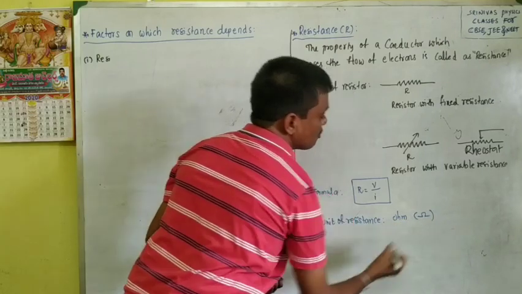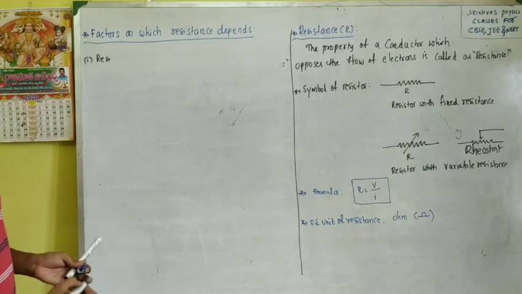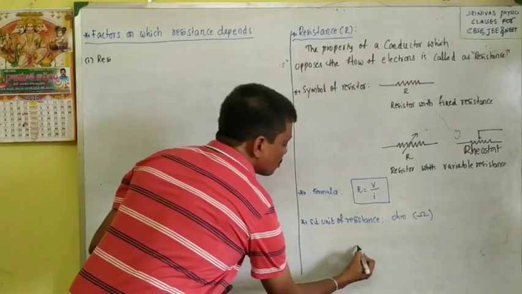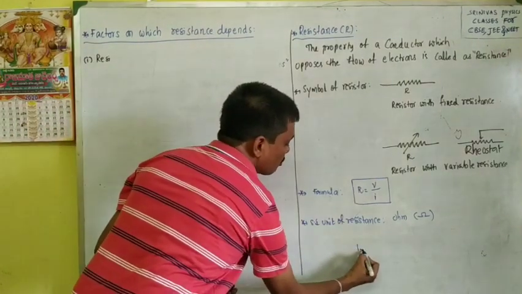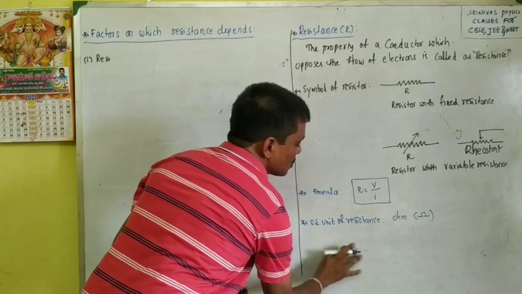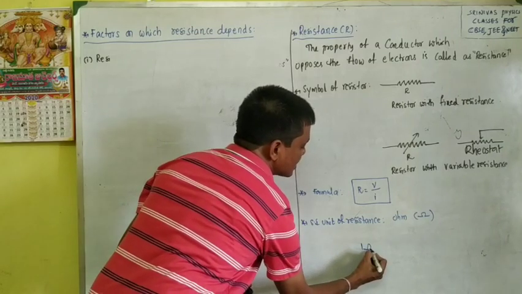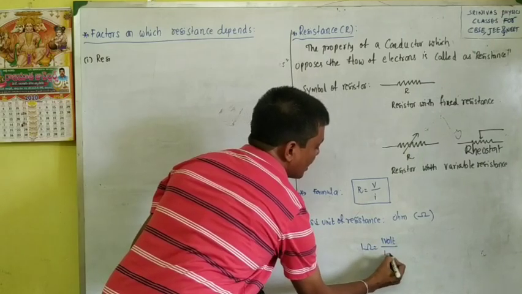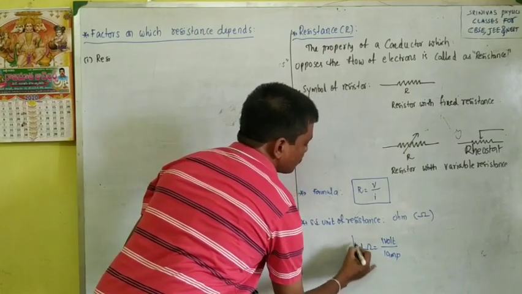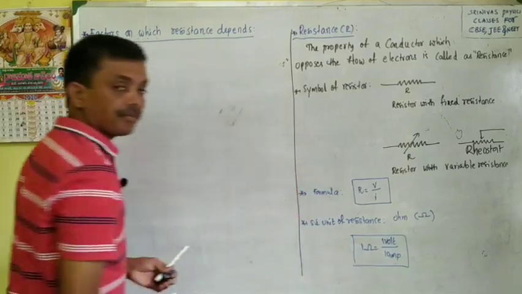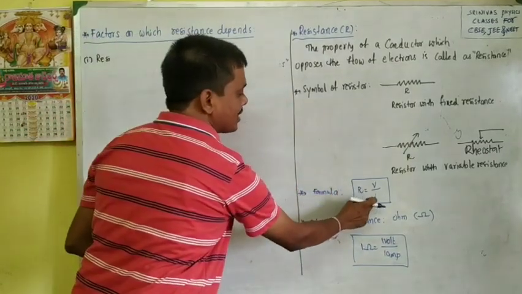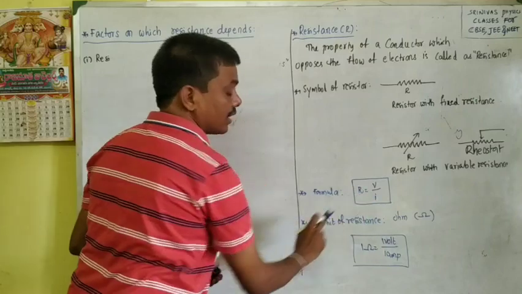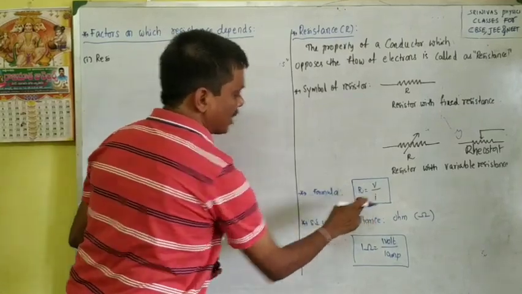Now 1 ohm we write as 1 volt by 1 ampere. That means 1 ohm, 1 volt, 1 ampere.